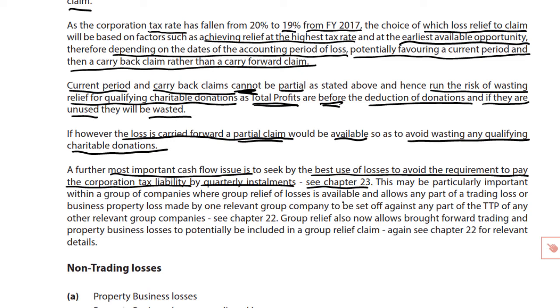The mechanics of that system await you in Chapter 23, the admin part of corporate tax. But clearly it's something that you would wish to avoid.